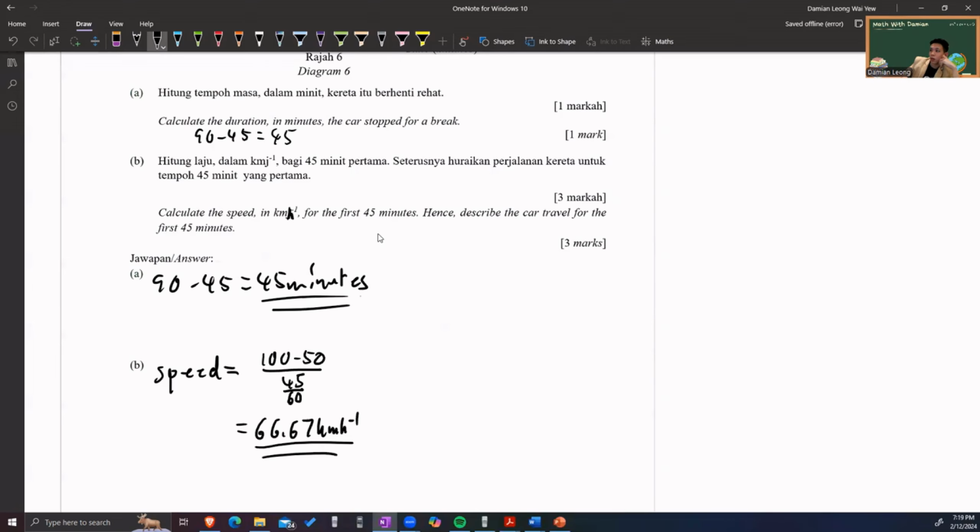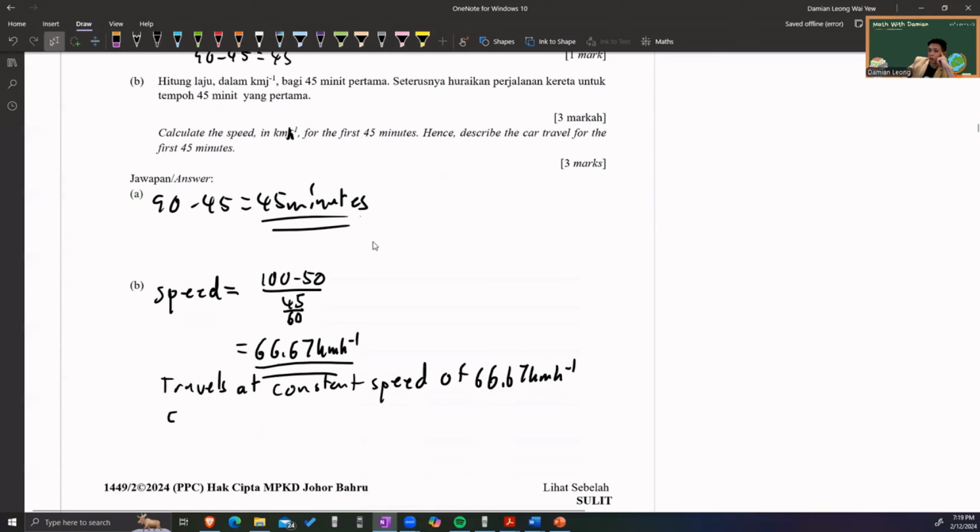Hence, describe the car's travel for the first 45 minutes: it travels at a constant speed of 66.67 km per hour over 50 km distance for 45 minutes. That's it.